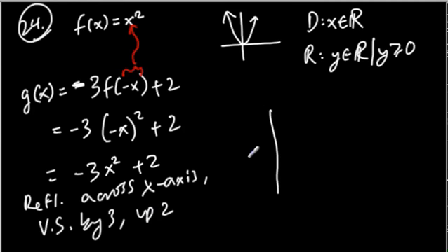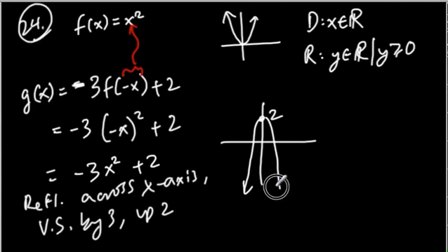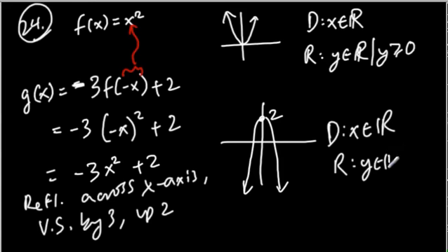So in other words, it's going to be reflected. This is how it normally goes. So it's reflected, going down there. Vertical stretch by 3, so it's stretching further, and then up 2. So the domain in this case is the same, and the range in this case is y is less than or equal to 2.